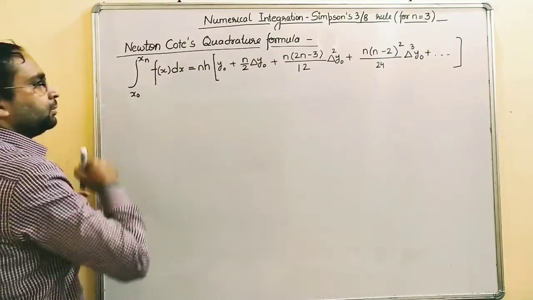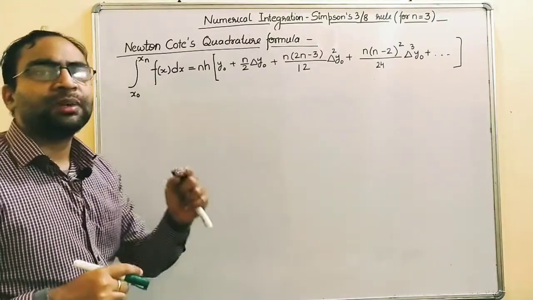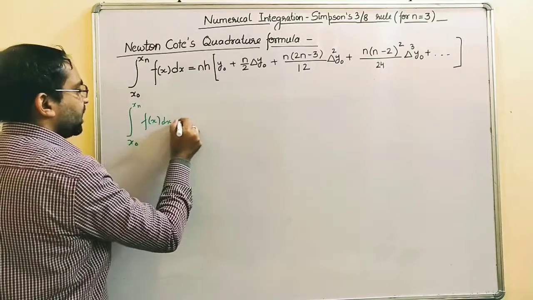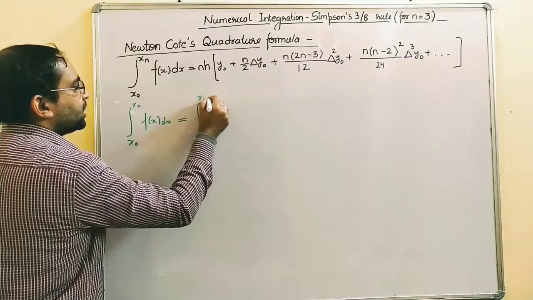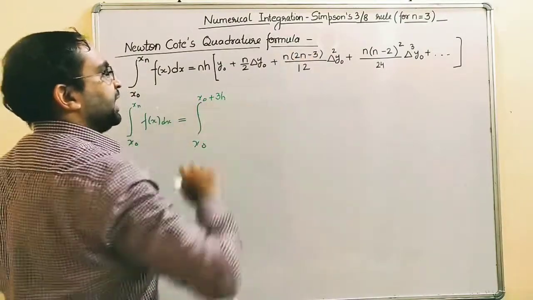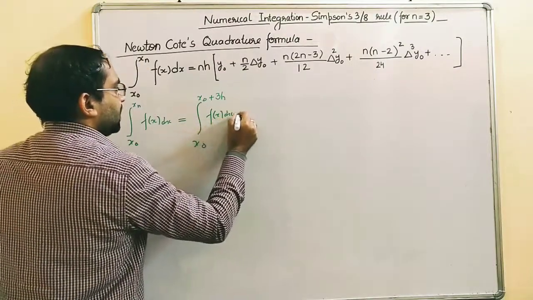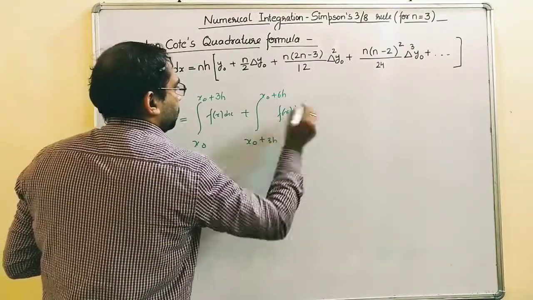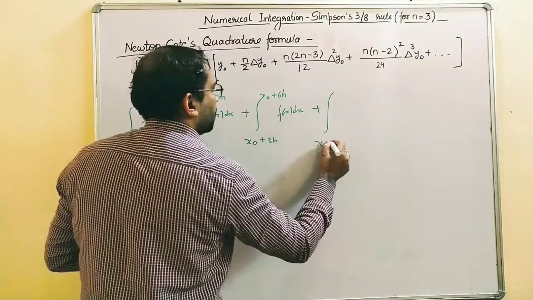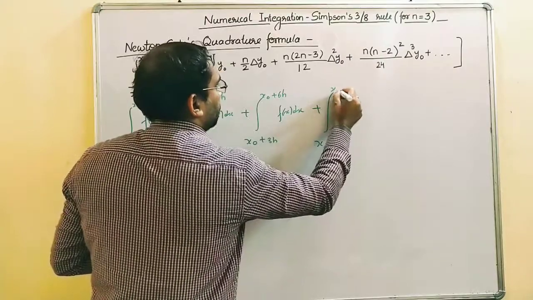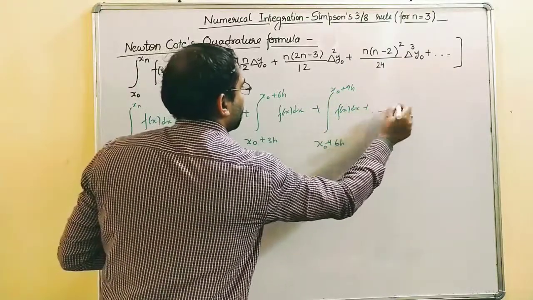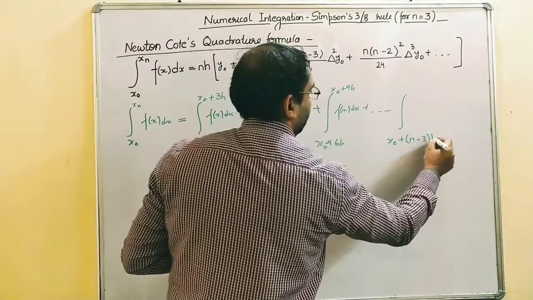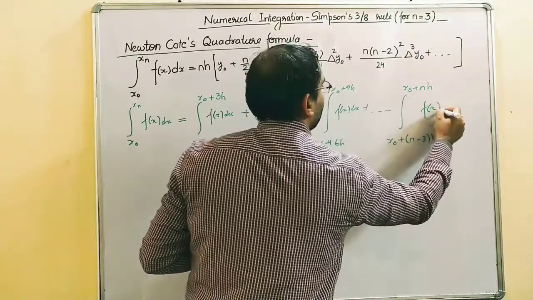As we have already seen, this integral can be written as the sum of smaller sub-intervals. So the integral from x0 to xn of f(x) dx can be written as the integral from x0 to x0 plus 3h, yes, we are taking here 3h because n is equal to 3, f(x) dx, plus the next interval will begin from x0 plus 3h till x0 plus 6h, f(x) dx, plus x0 plus 6h to x0 plus 9h, f(x) dx, plus and so on till x0 plus (n minus 3)h to x0 plus nh, f(x) dx.